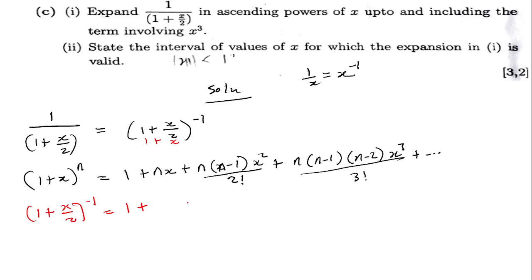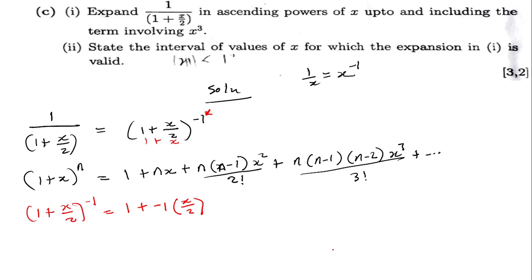So you're going to write negative 1, which is your n, and then your x, with this one representing an x, is going to be x over 2, like that.